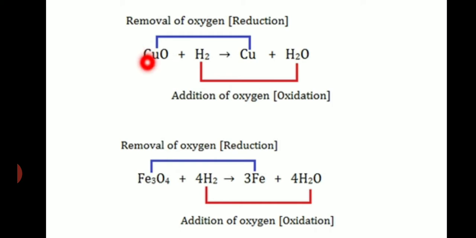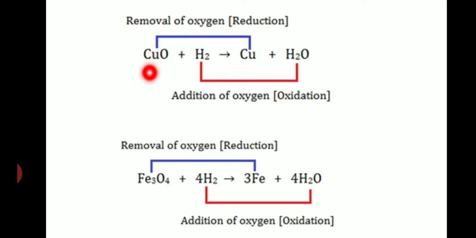This equation I have mentioned earlier also. That is, hydrogen is added to copper oxide to give copper and water. So in this reaction, we can find two types of reaction, that is reduction and oxidation. We have said that whenever there is a removal of oxygen from a substance, then that reaction is a reduction.